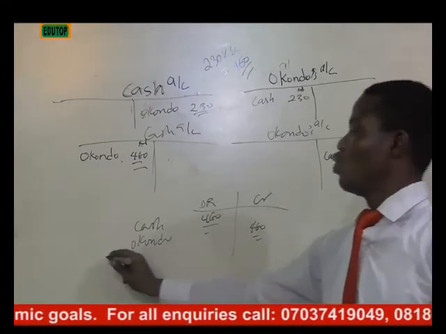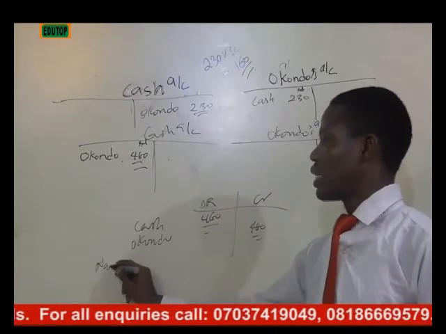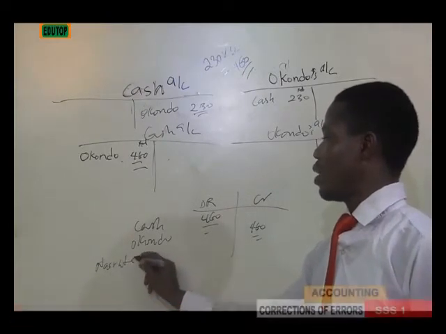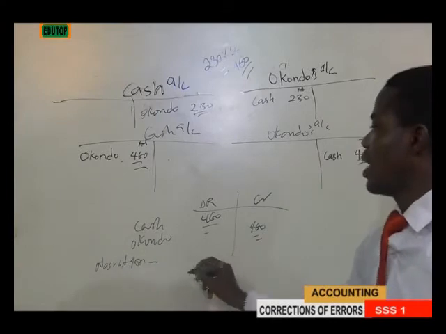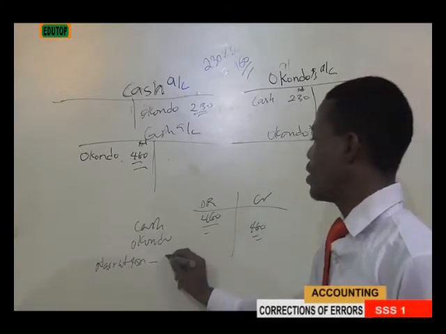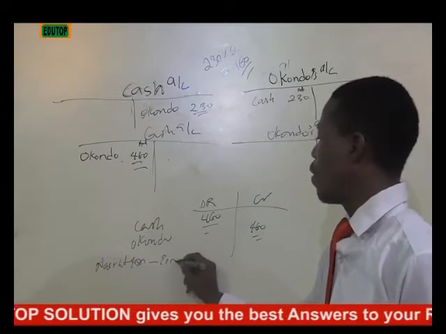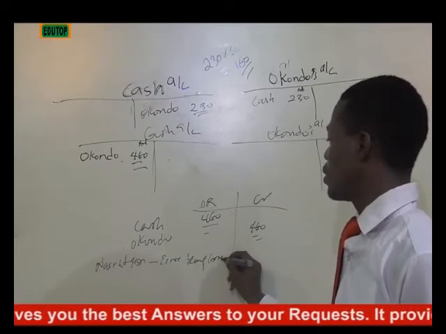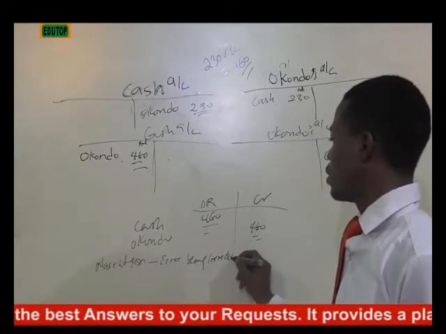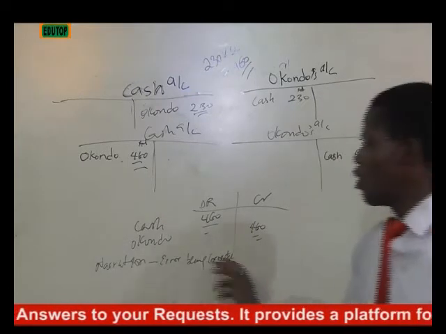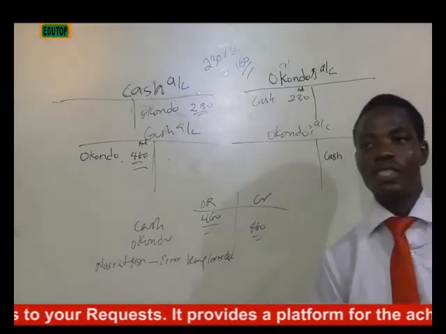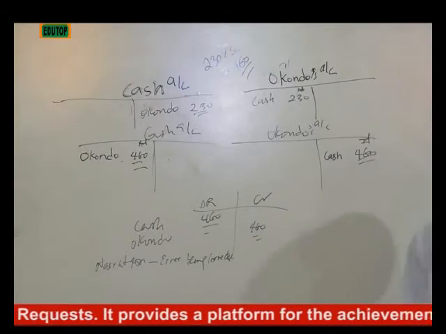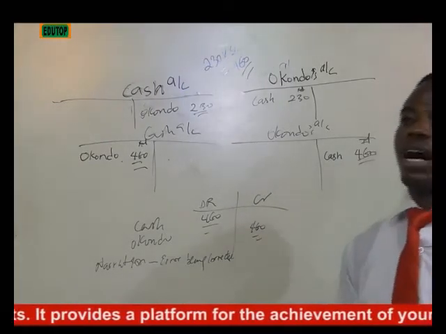Then you do the narration that complete reversal error being corrected. Error being corrected at the end of the day. So that is what we call complete reversal of entry.